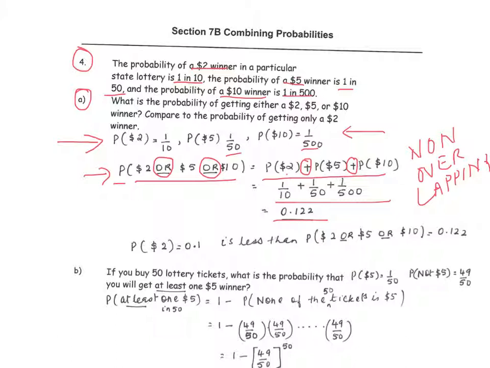So probability of $2, when we figure it out, is 0.1, and the probability of winning any one of these, where we use the word or, any one of these prizes is 0.122. So the probability of winning one of these three amounts is greater than winning just the $2 amount. So your probability of winning that would be greater.